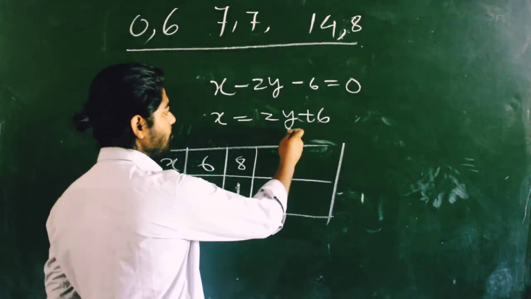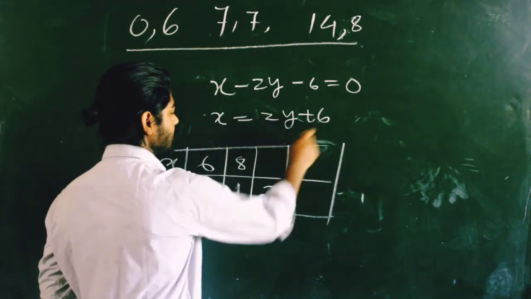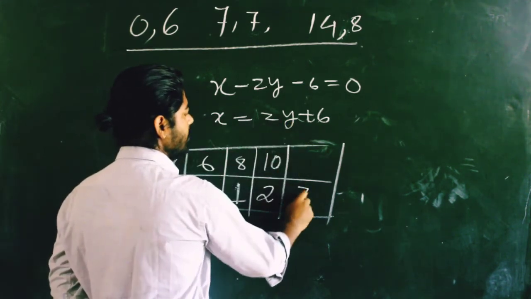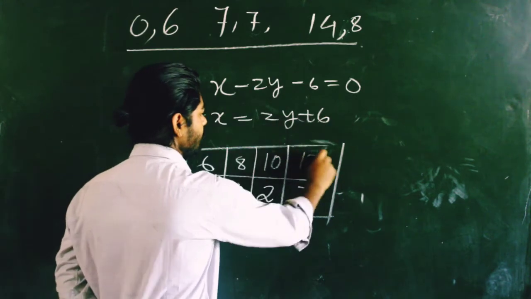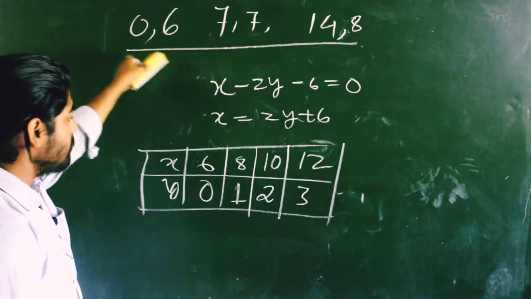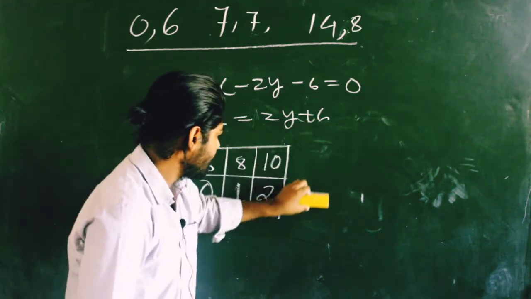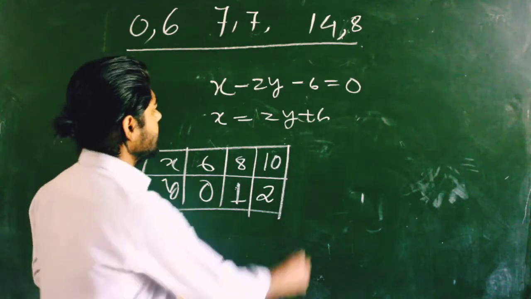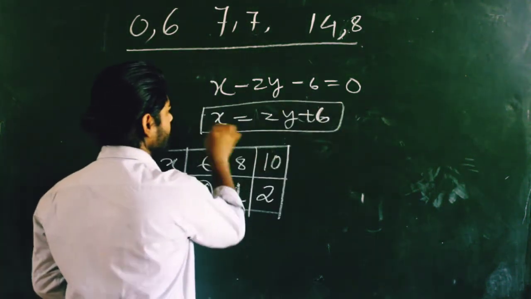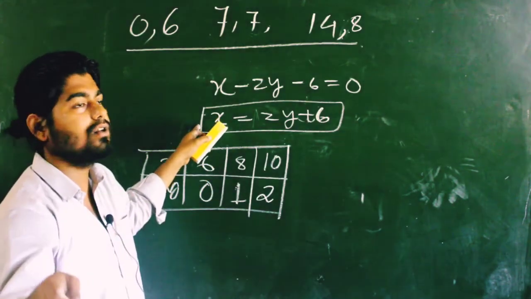If I take y 2, 2 3s are 6 plus 6, that is our 12. So as we took 3 values in the previous equation, we will take 3 values here also. So this is our equation, and this is the algebraic form for the second equation of the first question.